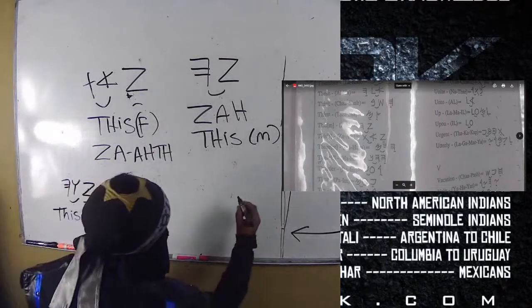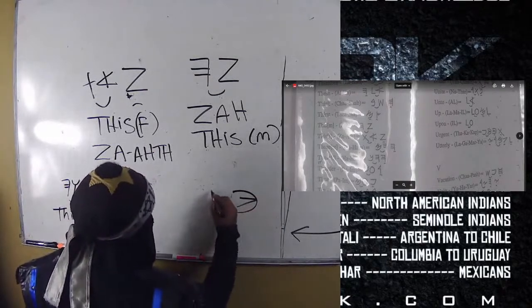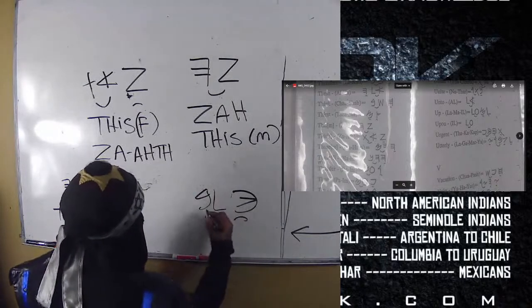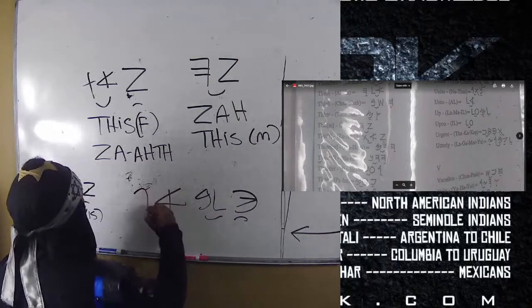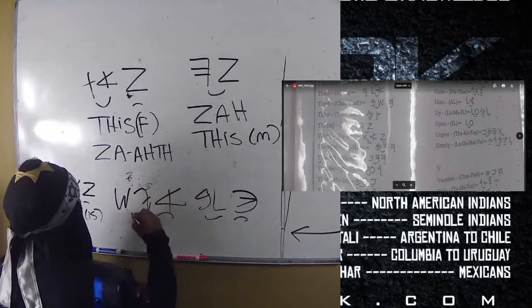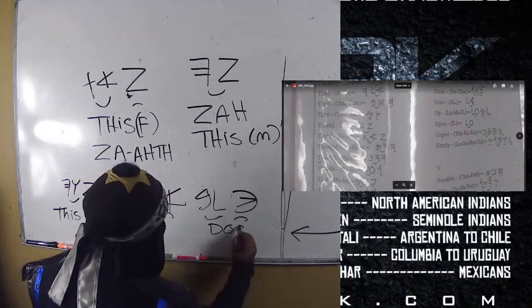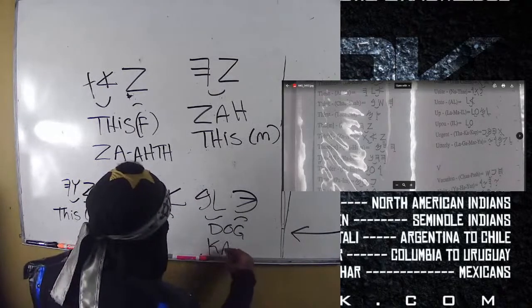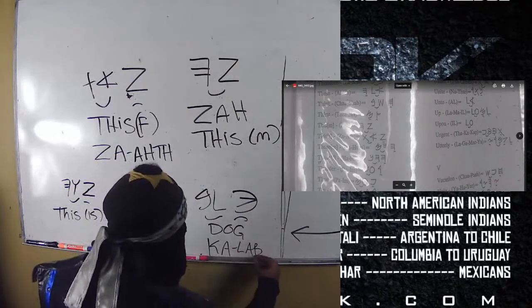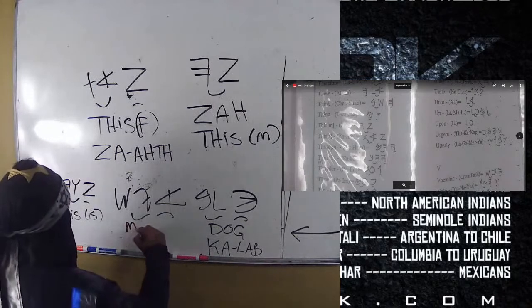You can go Kalab, Ayash, Zawab. So dog, which is Kalab, male, right?